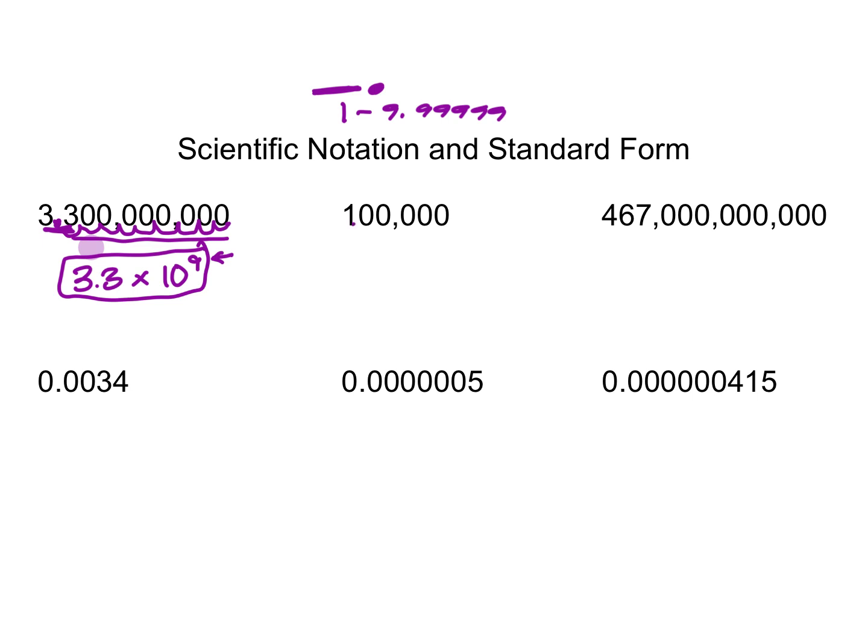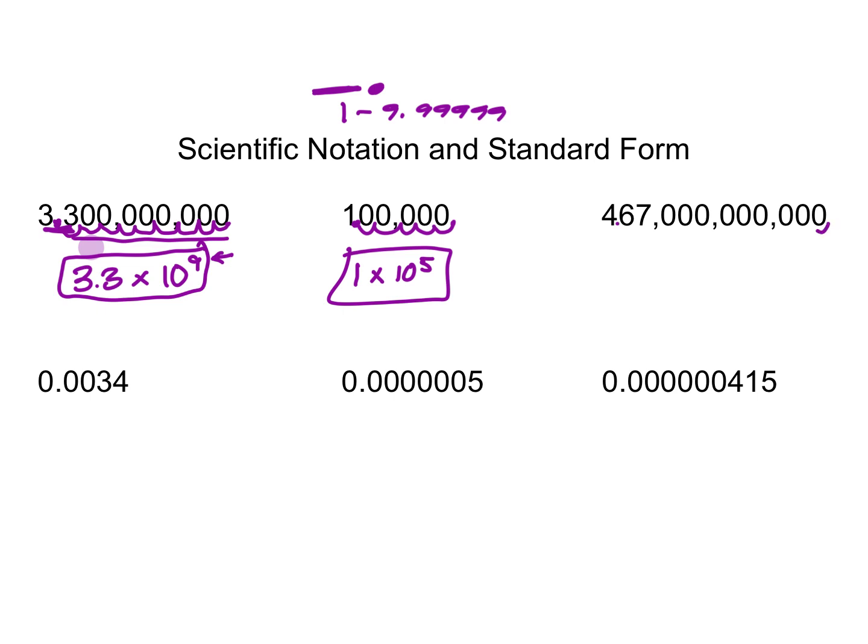Let's do the next one. I'm going to move the decimal point here, but right now it's starting here. So I'm going to go 1, 2, 3, 4, 5. Okay, so I'm going to write 1 times 10 to the 5th power. Done. Next one, I'm moving my decimal point here. Let's count.